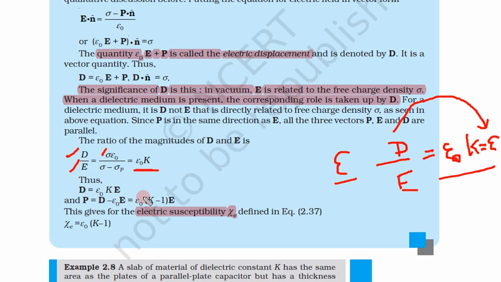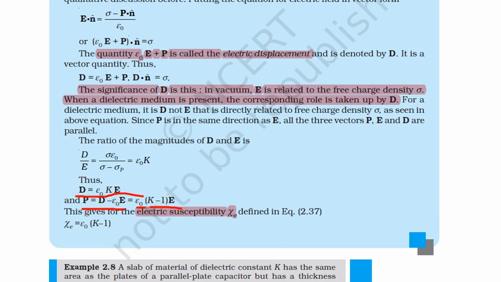Now D is equal to epsilon naught K E, and this P is equal to, from this equation, D minus epsilon naught E. Let us put this value of D. So epsilon naught is common, K minus 1, E. So P is equal to epsilon naught K minus 1 E. If you remember, for a linear dielectric, we have seen that this polarization is proportional to electric field, and there was a constant which we had called electric susceptibility.